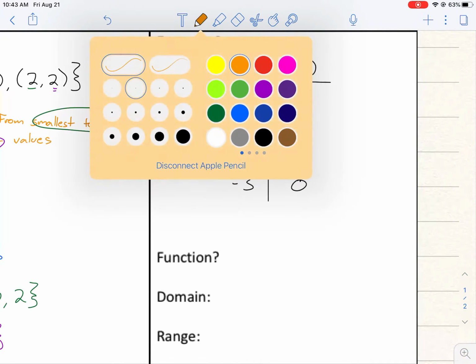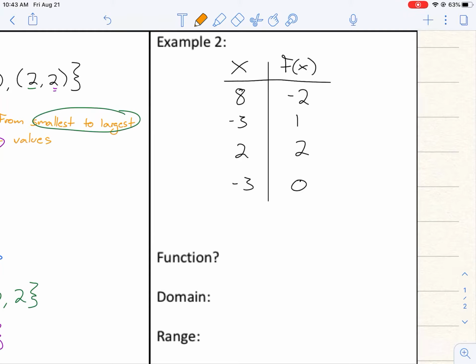Now, when you see f of x or g of x or h of x, any letter with x in parentheses, this is just another way of saying y. So this is an xy table. Just with functions, we use f of x, g of x, h of x. We use these different notations because if you used y all the time, you could get confused about which function you're referring to. So here we've got f of x.